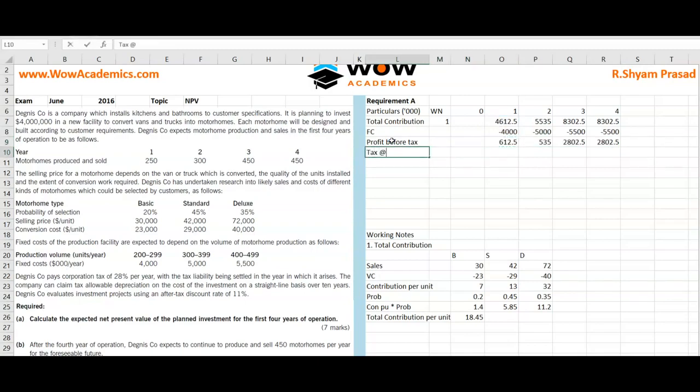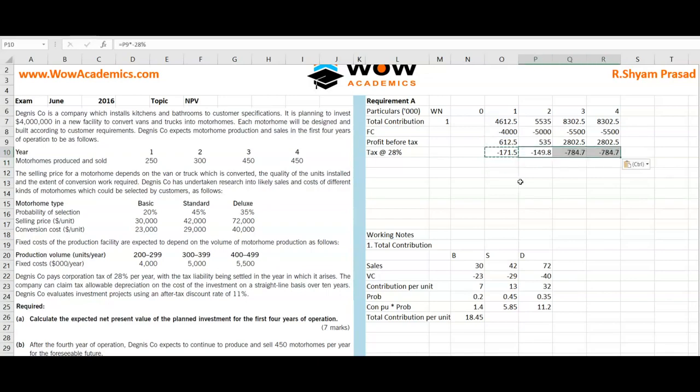So tax is at 28%, and it is also payable in the same year. So that's what they say, with the tax liability being settled in the year in which it arises. So you can take this number and multiply by 28%. You will get the answer. But as it's a negative number, you can take it as a minus symbol. So you got the answer now.